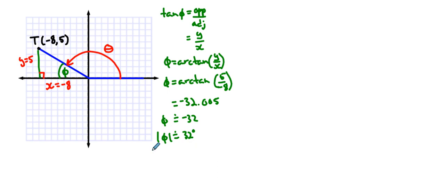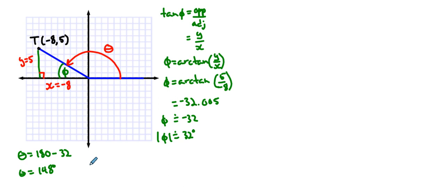Okay, from that, I can determine the theta. I can say my theta value is going to be 180 minus 32, which is telling me that the theta is going to be 148 degrees. So we're able to calculate our theta in that way, which is great.